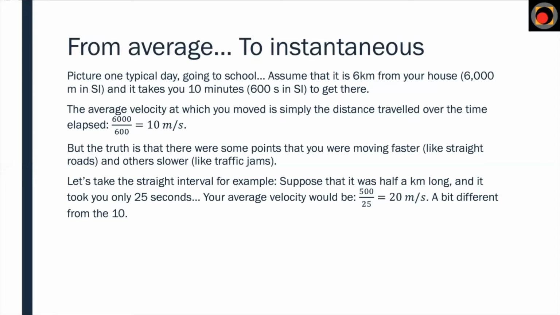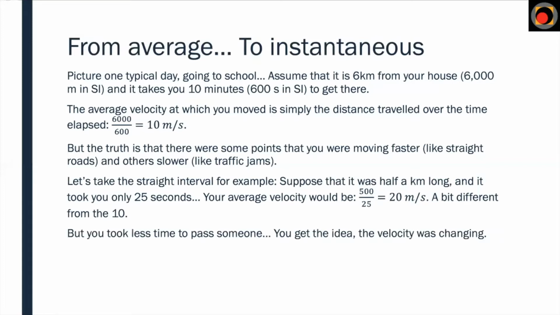Suppose that it was half a kilometer long and it took you only 25 seconds. Your average velocity then would be the 500 meters divided by the 25 seconds. And that's 20 meters per second, and it's quite different from 10 meters per second.